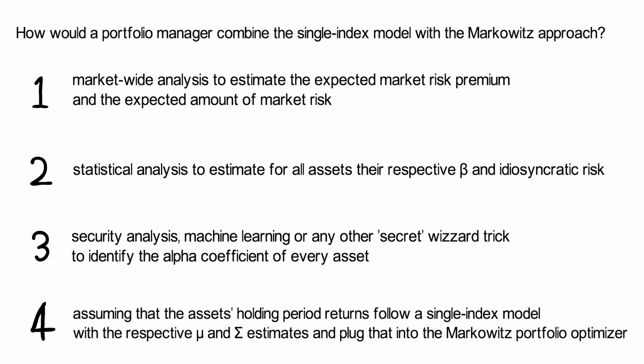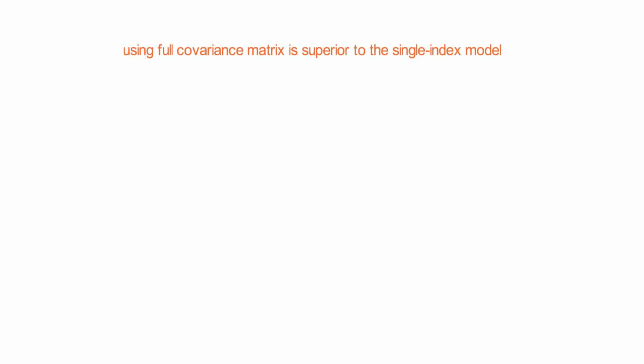Now, a final word from my side. Using the full covariance matrix sigma as in the mean variance portfolio selection approach of Markowitz will be superior to the single index model approximation if all entries of sigma can be estimated with high precision.